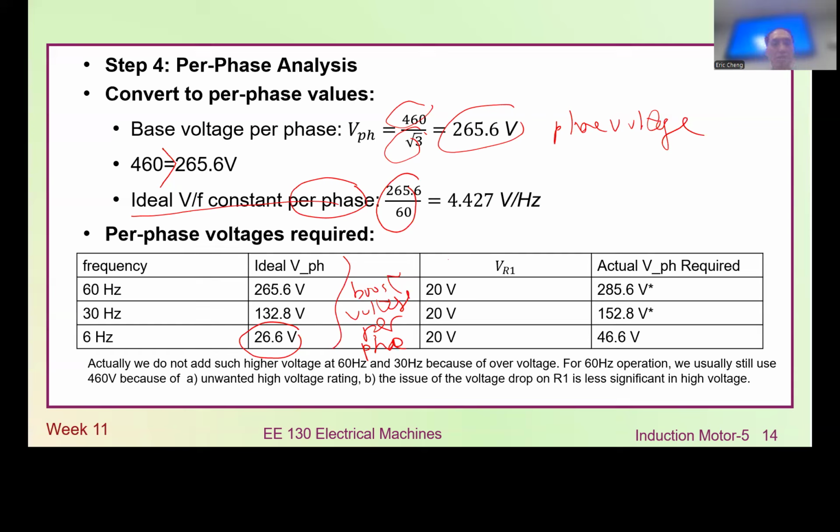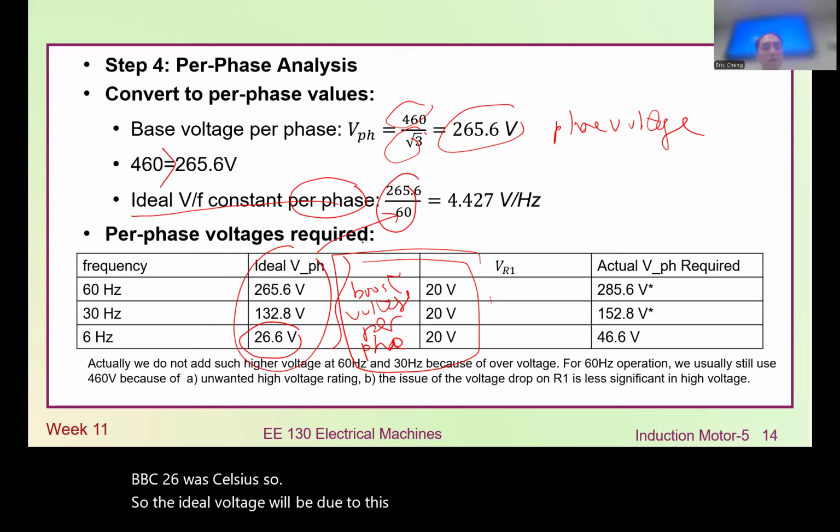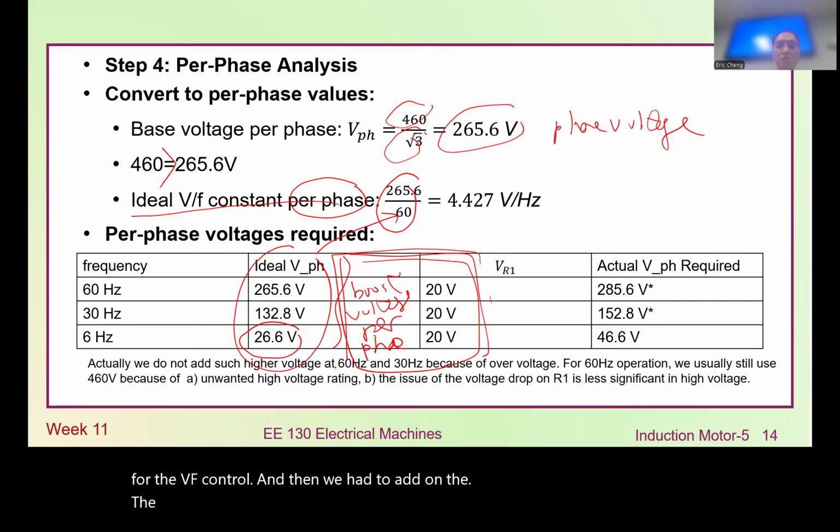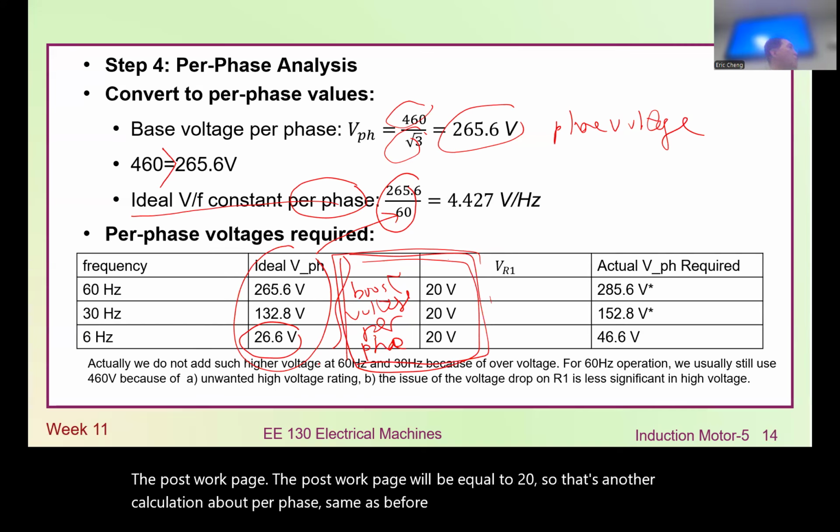So the ideal voltage due to this ratio, we can calculate will be about 26 volt for the VF control, and then we have to add on the boost voltage. The boost voltage will be equal to 20 volt. So that's another calculation about per phase, same as before, but we use per phase analysis.